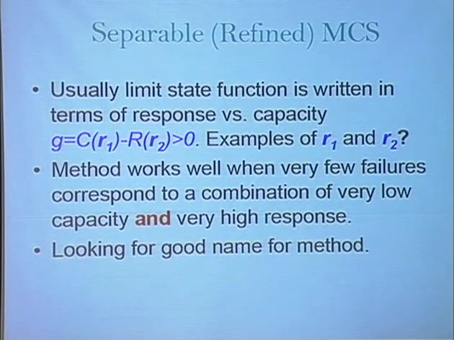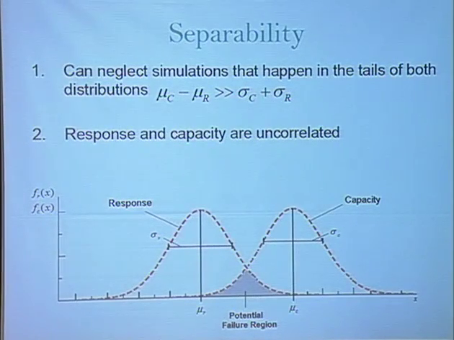That is, you have failure due to really shoddy construction, so that the capacity is very low, or very high loads, but you can neglect the contribution of situations where both of them happen. Then there is this refined Monte Carlo, and as I said before, I'm still looking for a good name for the method. So maybe when we are done, we can entertain suggestions. So let's talk about why I like to call it separability.